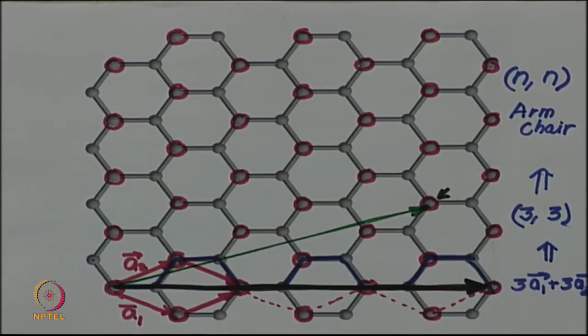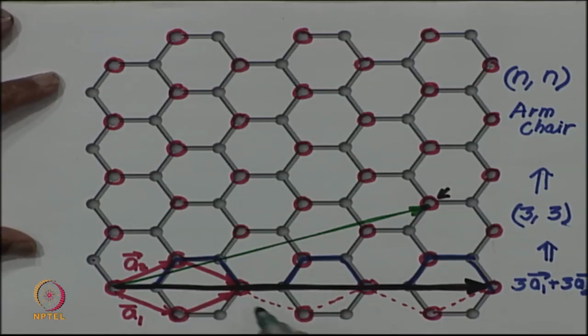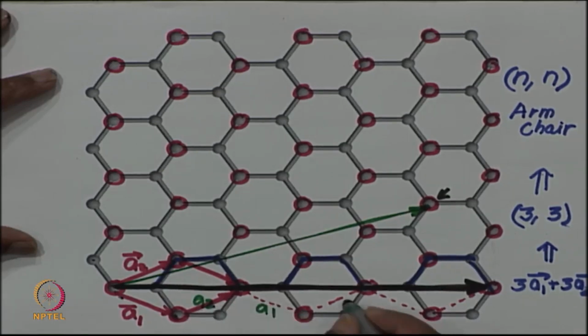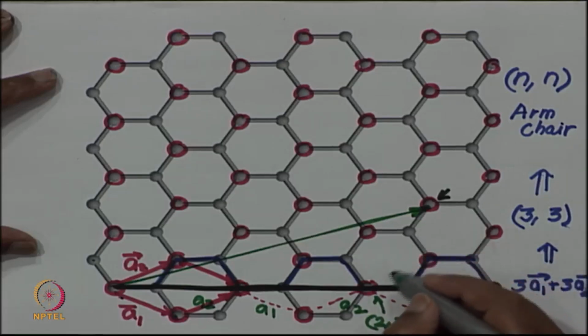Now, if I try to define this in terms of N and M, we see that we have to go, remember A1, and then we took A2, then another A1, then another A2 to come to this point. So, this point was 2 2, because we had taken 2 A1s and 2 A2 to reach here.